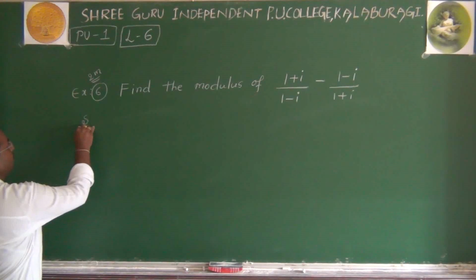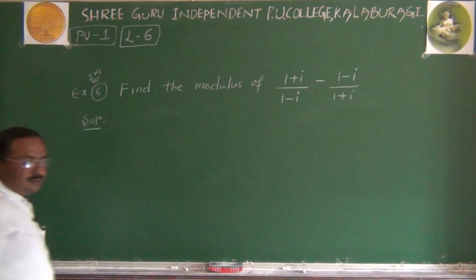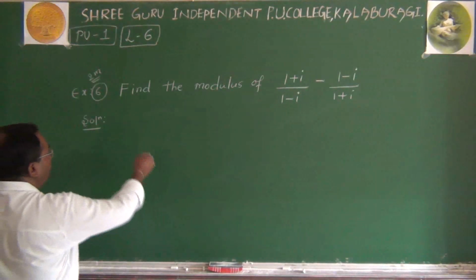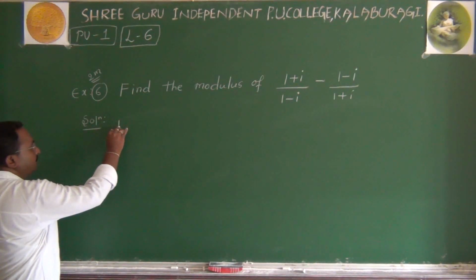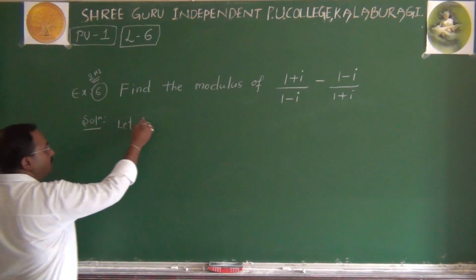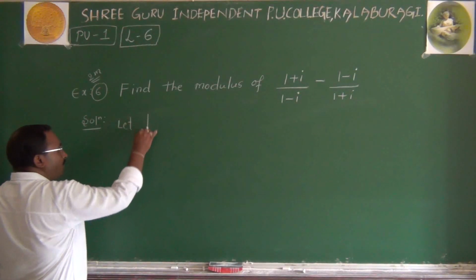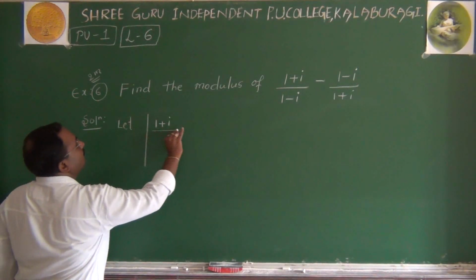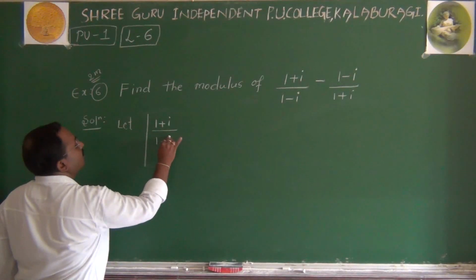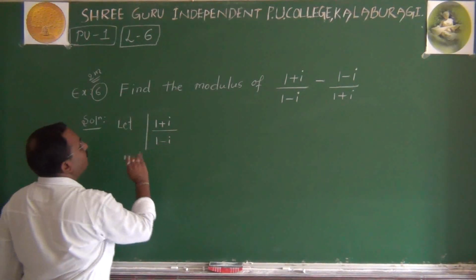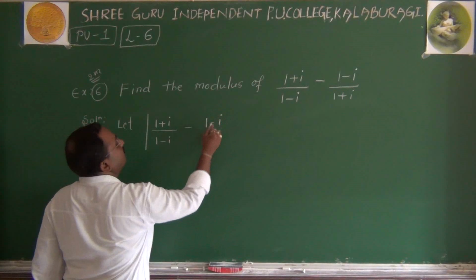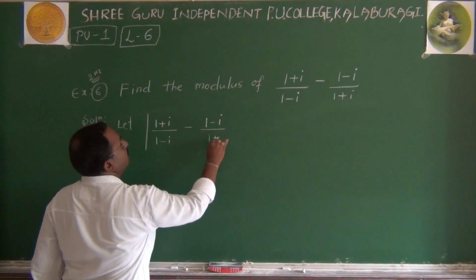Solution: find the modulus of (1 plus i) divided by (1 minus i) minus (1 minus i) divided by (1 plus i).